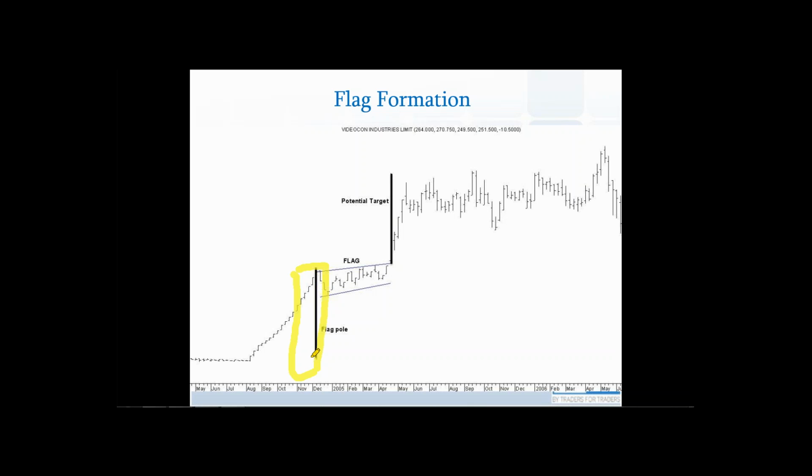As much as the flag pole before the flag formation, that would be the potential target. Although these are theoretical concepts, that you should get equal targets, as a trader you should always keep a trailing stop loss via the moving averages in case the pattern reverses and goes wrong, which is more known as trader's remorse.